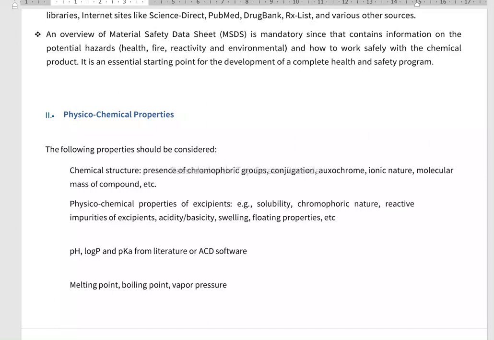And according to me, 90% of your molecule's physicochemical properties you can find with the help of ChemDraw.